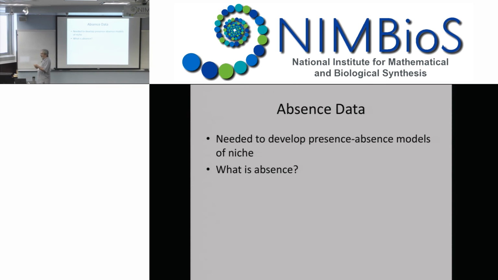But you also need the absence data for the thresholding step. You also need the absence data for the model evaluation step. And yet it's the thing that we know the least about. Okay?